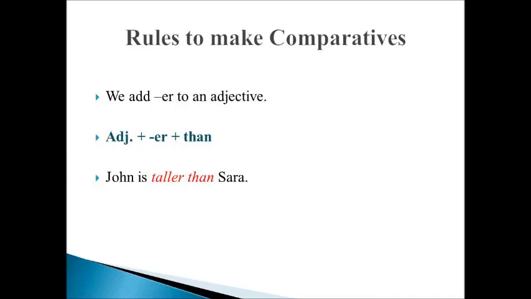We have an adjective which is tall, and we are adding er to it to make it comparative. Then why are we adding than? We are adding than to show the comparison that John is taller than Sarah.